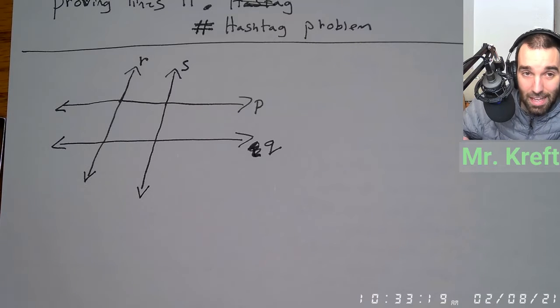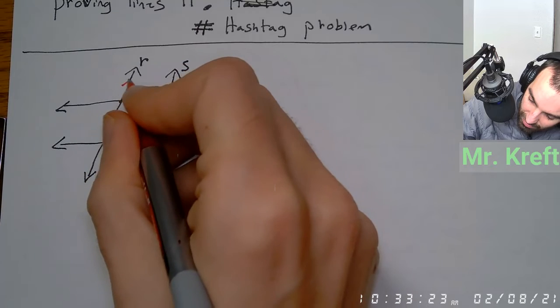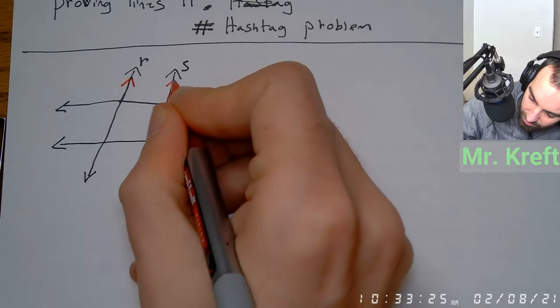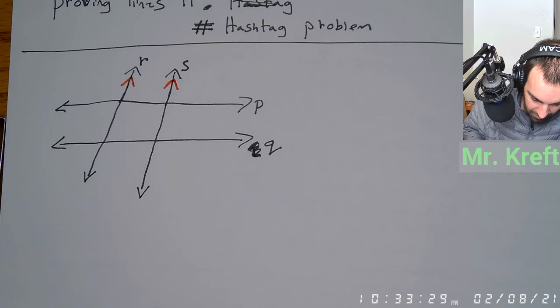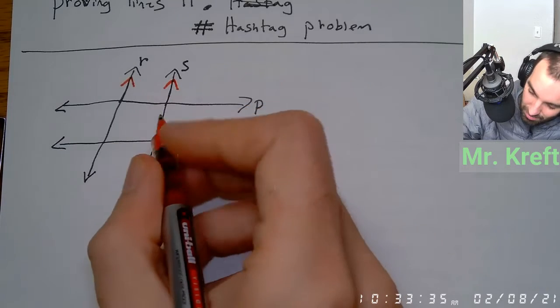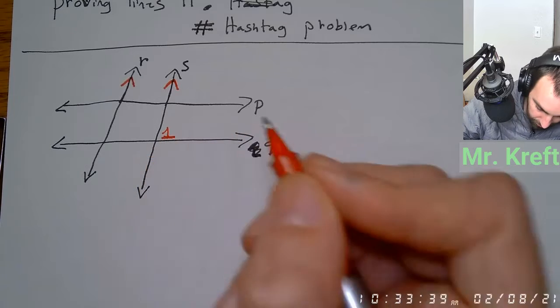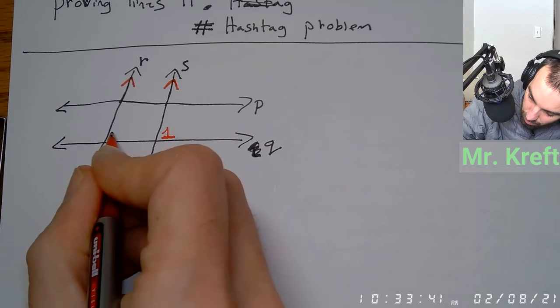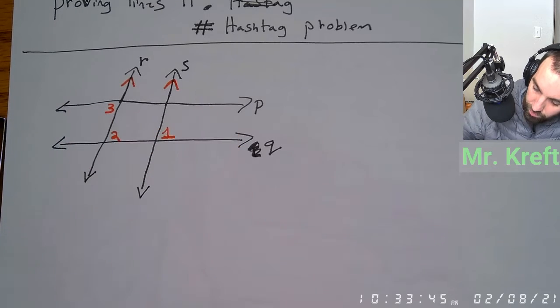Okay. And then I'm going to add in some information. So we know that lines R and S are parallel. And the way that this book does it is it gives you some hints. You're going to want to focus on angle 1, angle 2, and angle 3.